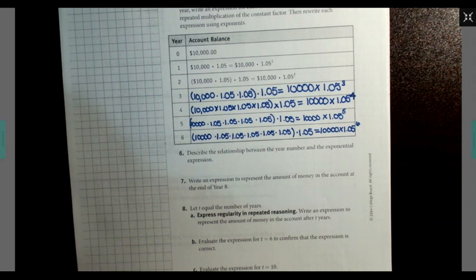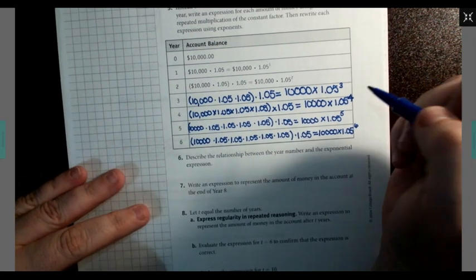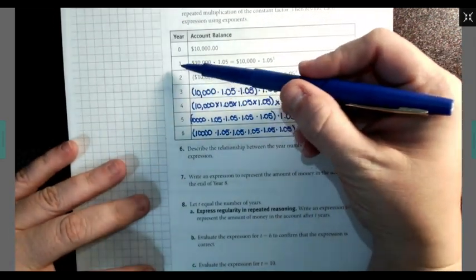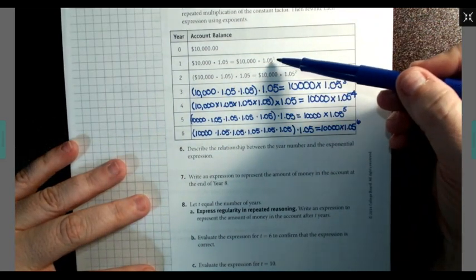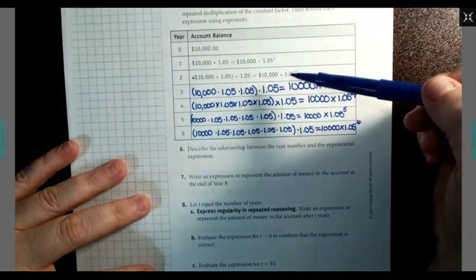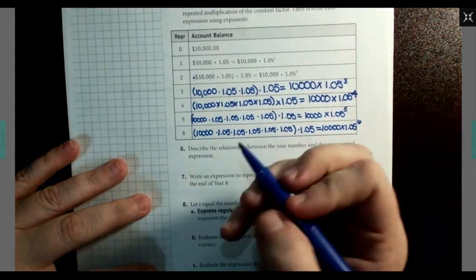Describe the relationship between the year number and the exponential expression. Talk about the year number. So year 1, the exponent was 1. Year 2, the exponent was 2.